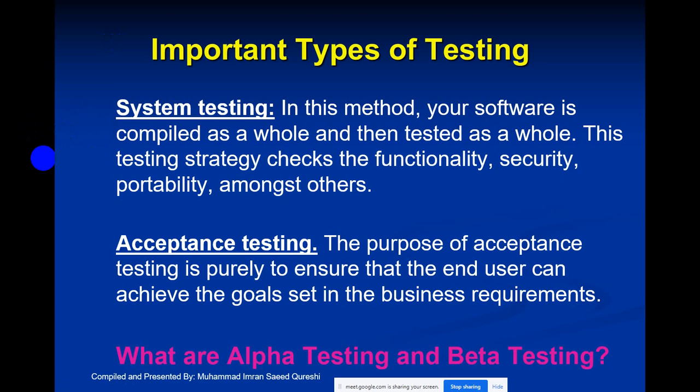I will ask him, either you take the copy of the software and test it at your place, or you come to our office. We will provide you a similar environment like your office or your shop, and you can work over here. So now check. The purpose of acceptance testing is purely to ensure that the end user, who has to use it, can achieve the goals set in the business requirement.